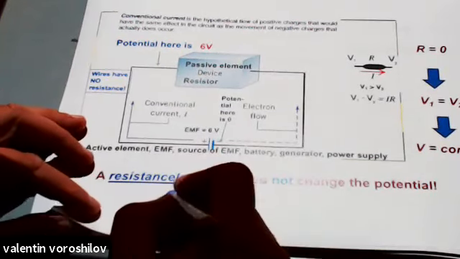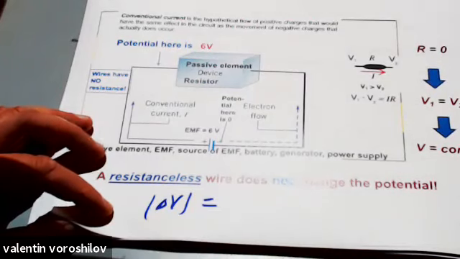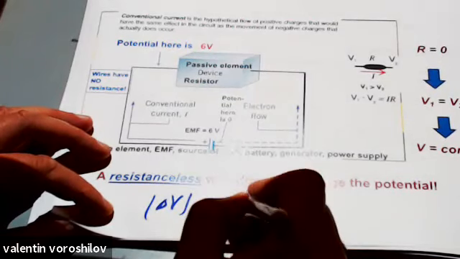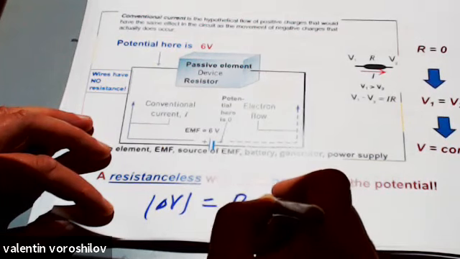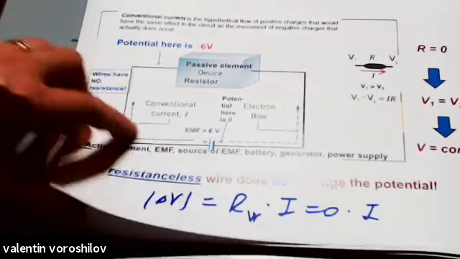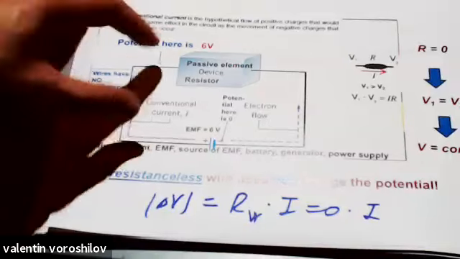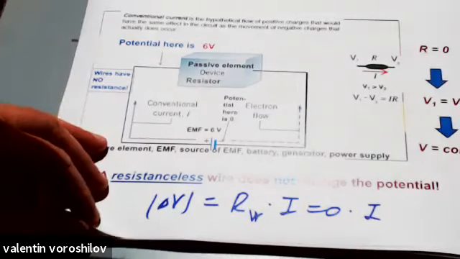Well, this is just, again, why a wire does not change potential. Because for a wire, the resistance is 0. And even if electric current is not 0, a wire does not change potential.